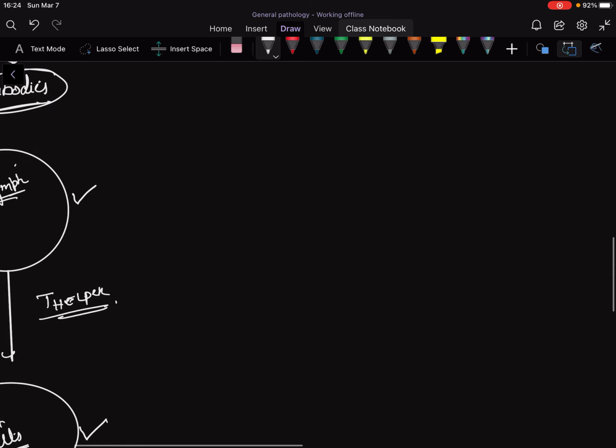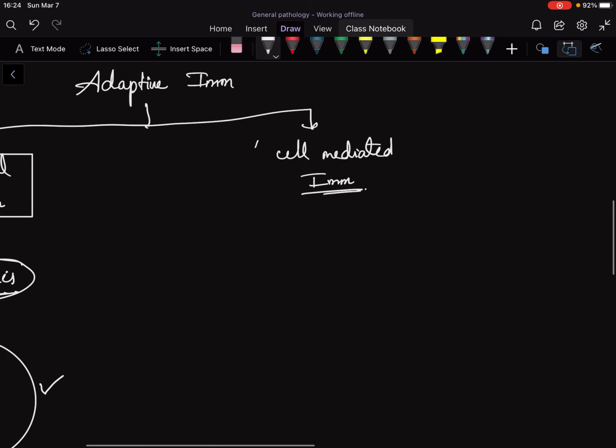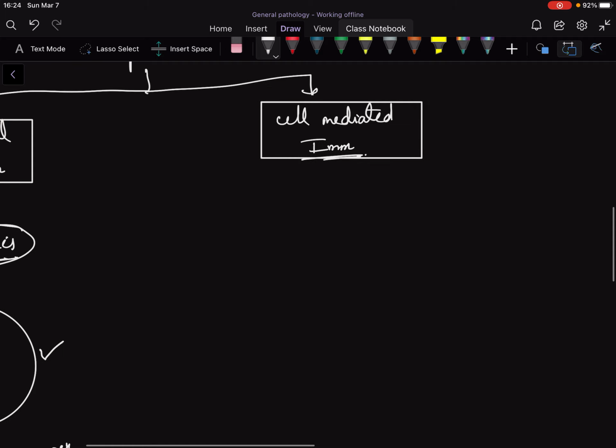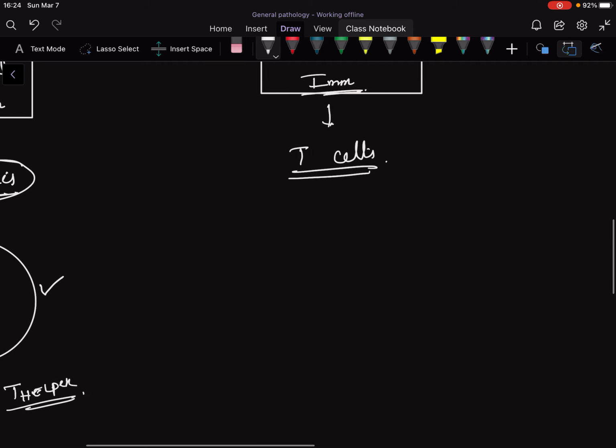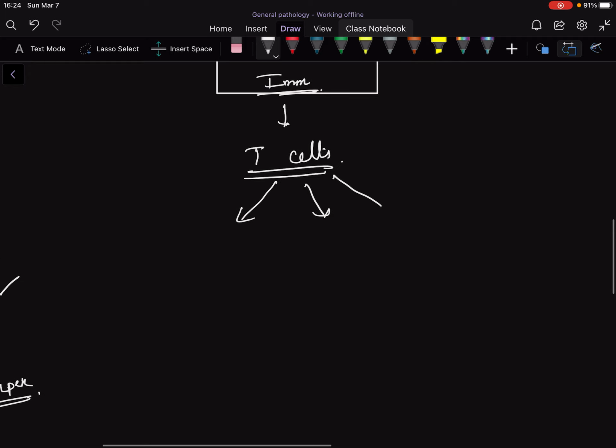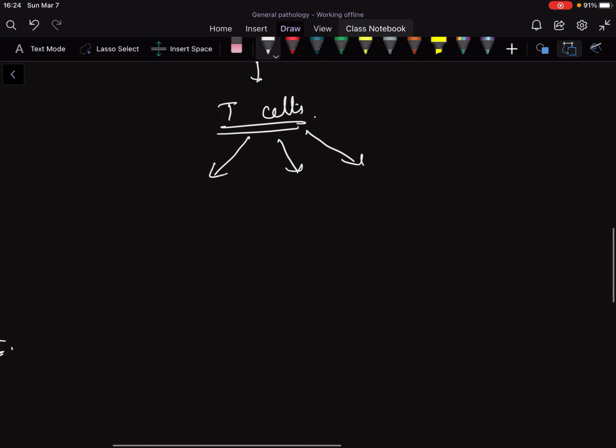The next is cell mediated immunity. In cell mediated immunity, we will mainly see T cells. T cells are mainly divided into two types, or we can say three types if you want to know. The first one is T helper cells, the second one is T regulatory cells, and the third one is T cytotoxic cells.